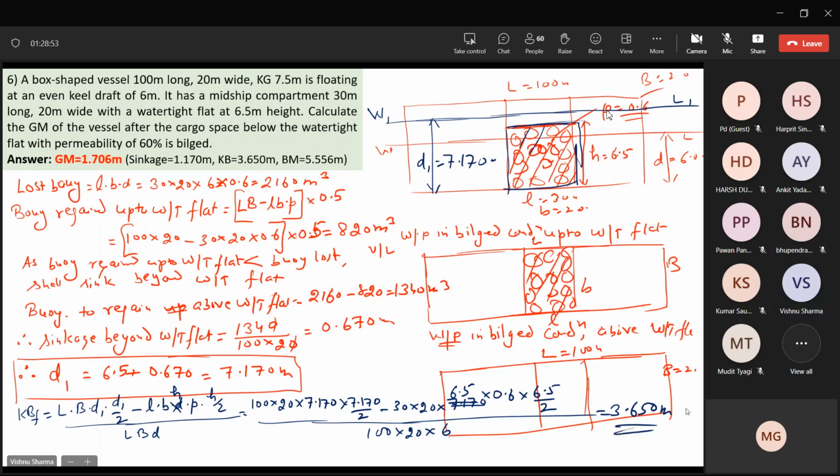And this should give you a KB of 3.650 meters. I again take a pause here. Now it has become a question like the double bottom question. Only thing is the height of the double bottom has become 6.5. Let me know if there is any challenge about KB. Don't worry about the calculations.